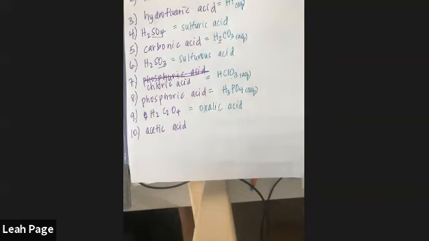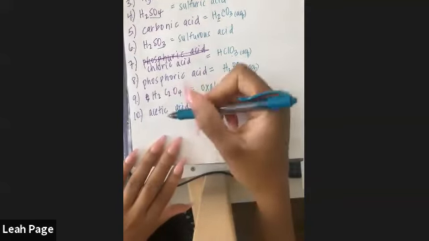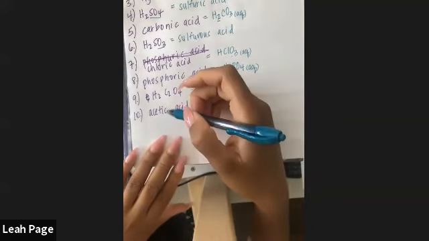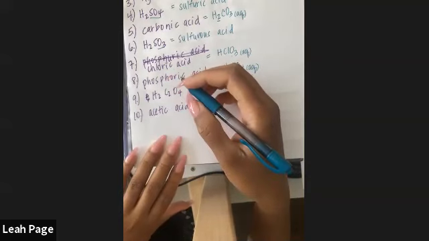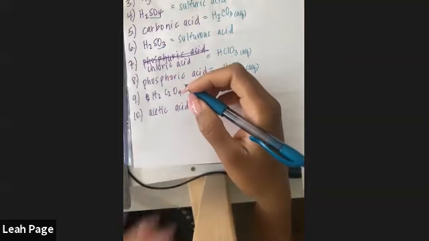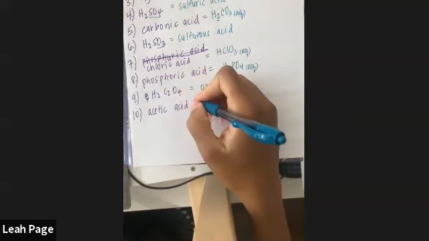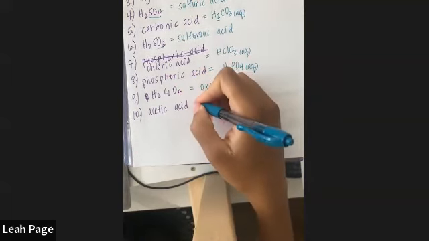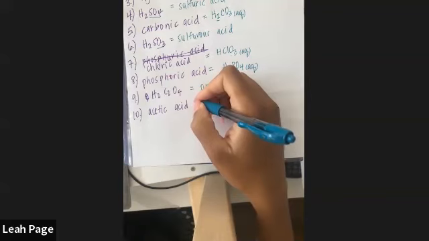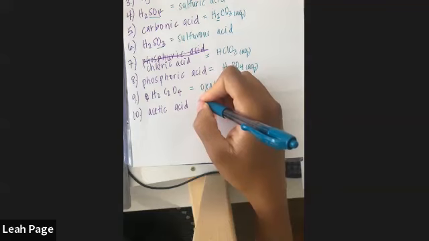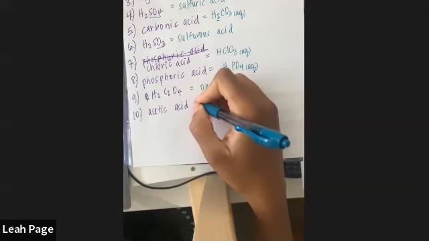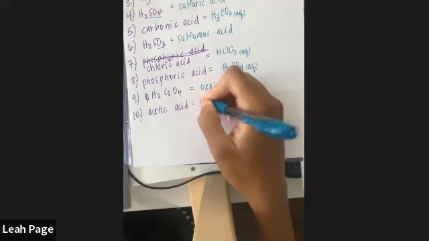And then finally, for acetic acid, we're basically saying we have the polyatomic ion acetate, and the formula for acetate is going to end up H3COO. Oh, that's wrong. My fault. Sorry. The formula for acetate is CH3COO with a -1 charge. So it would be H1, or you just say H. You don't have to say the H1.